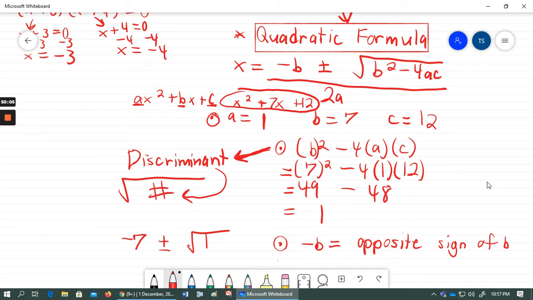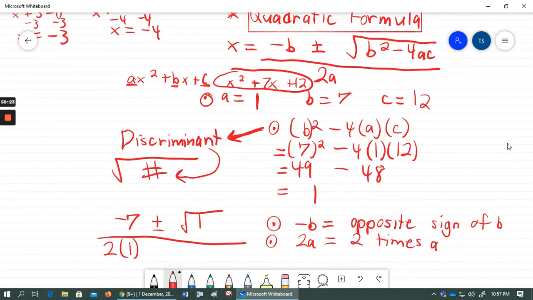And then the 2a is 2 times a, which is self-explanatory. In this case, that's 2 times 1, which is 2. Then all you have to do from there is simplify. Negative 7 plus or minus 1, over 2.